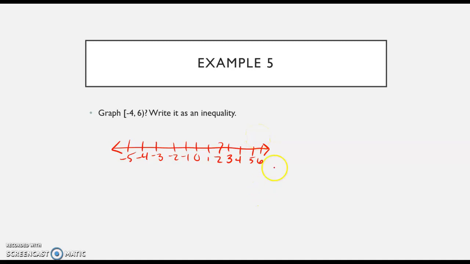I barely got 6 in there, but we got it. All right, so the -4 has a bracket, so that one's included, so it's a closed circle, whereas the 6 has the parentheses, so that's an open circle.